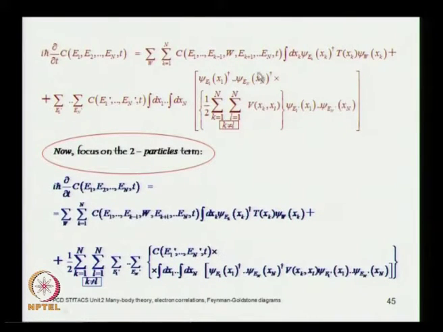Now, the two particle part of the Hamiltonian is this half double sum over k and l of an interaction term V, which depends on the coordinates xk and xl, and we do not want to count this interaction twice. So, it is half of this double sum, and you must exclude k equal to l. This is the two particle interaction.